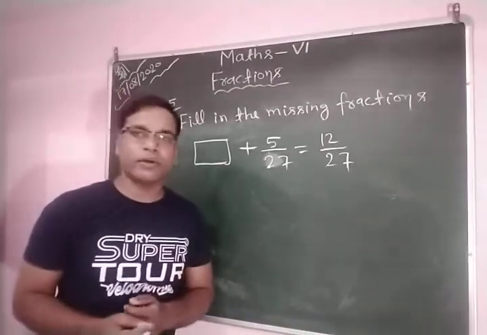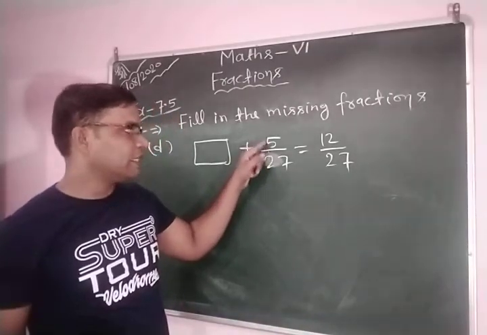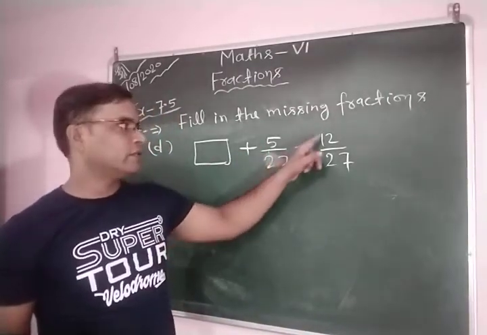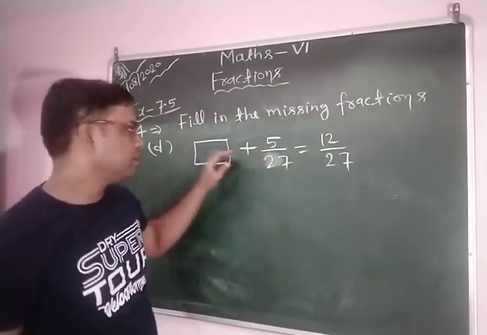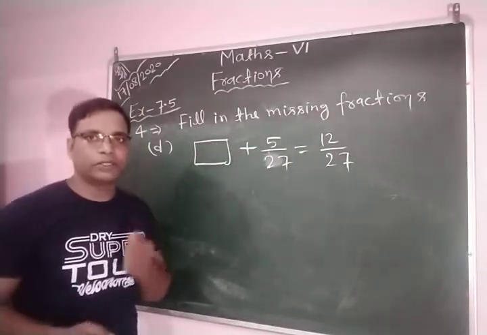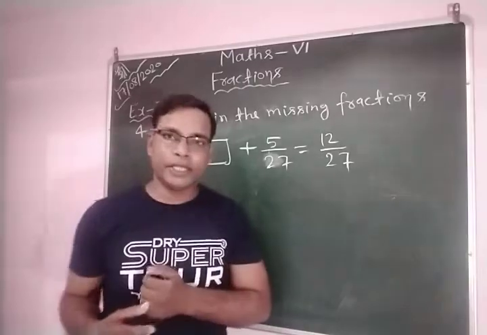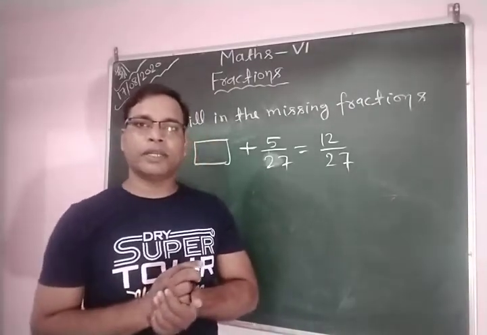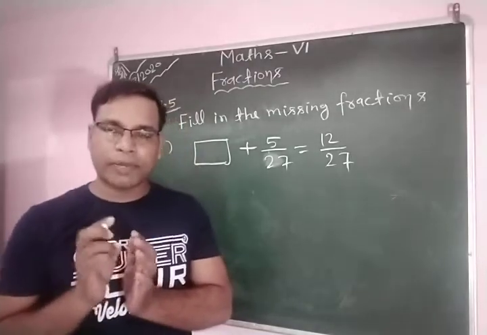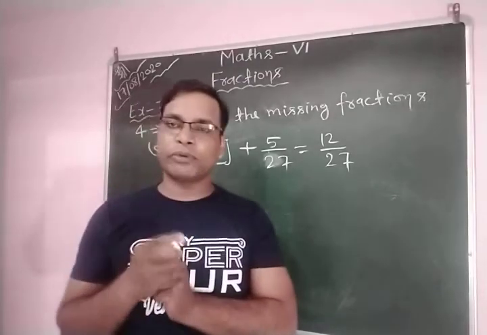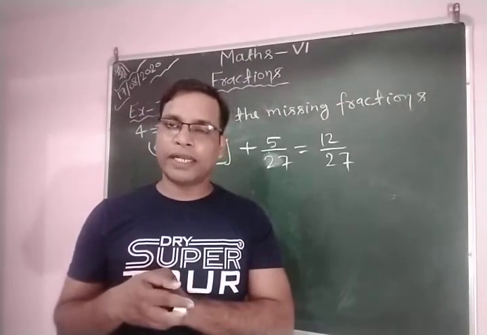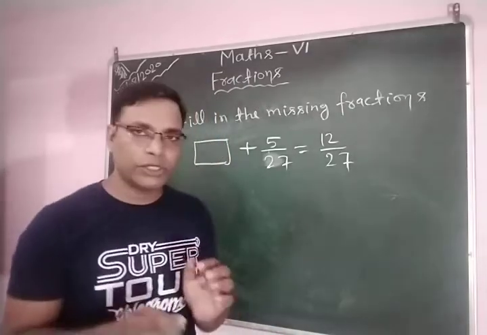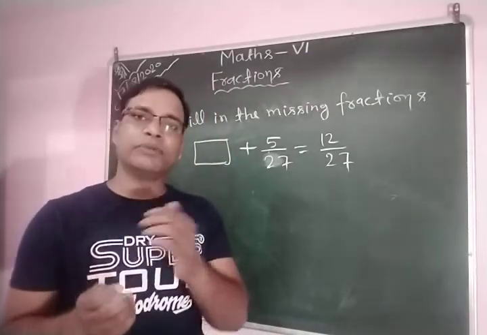So what number here? You can see 5 by 27 and 12 by 27, and this is a bracket to fill in the blank. What number do you add to 5 to obtain 12? So how to find this number? Just subtract 5 from 12.